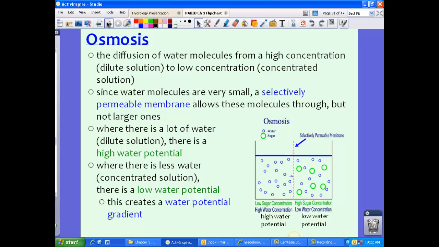You have to think of it in terms of water this time, because water is what is moved in osmosis. So a high concentration of water would have a high water potential, whereas not a lot of water would have a low water potential. So things want to move across water potentials.